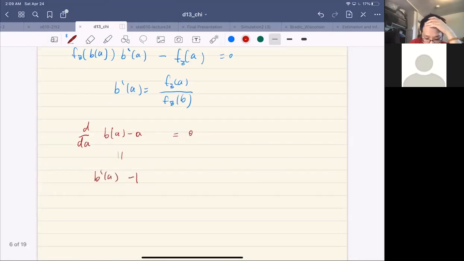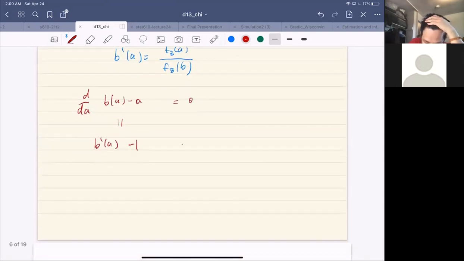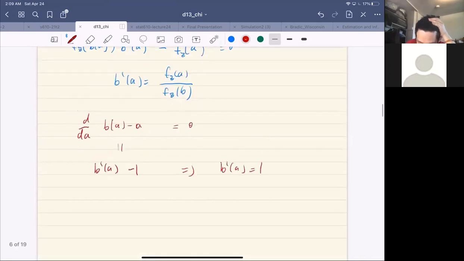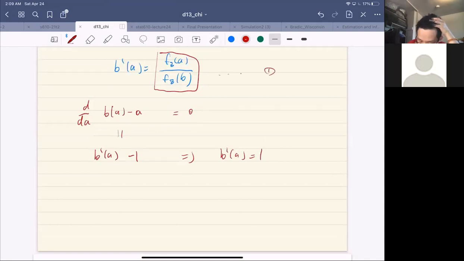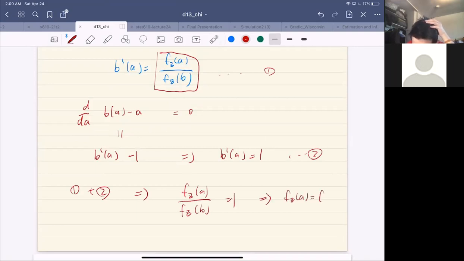So our condition will be B'(A) equal to 1. And B'(A) also should be equal to this. So combining 1 and 2, the ratio should be 1. So next can be f(A) equal to f(B). Okay. So this is the condition.